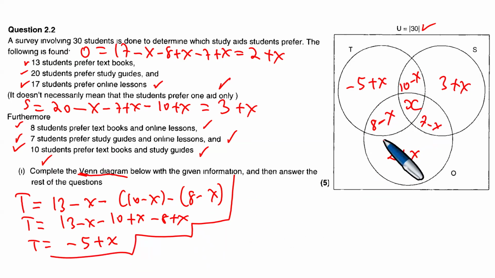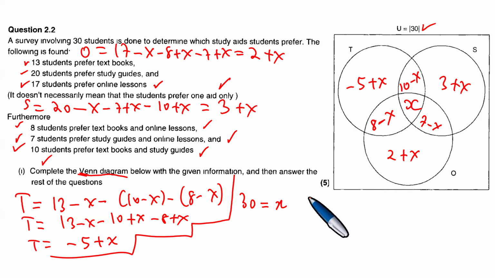If we add every single bit, we shall get what is in the universal set. So if we look very carefully here, the 30, which is the number of elements in the universe, is going to be exactly what? We start from the center of intersections.